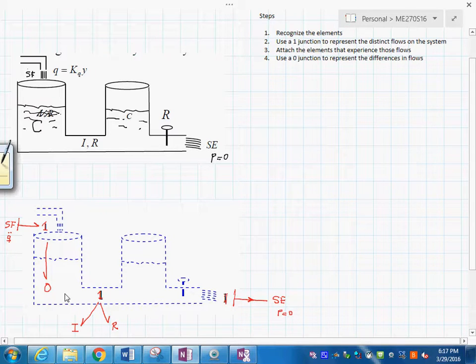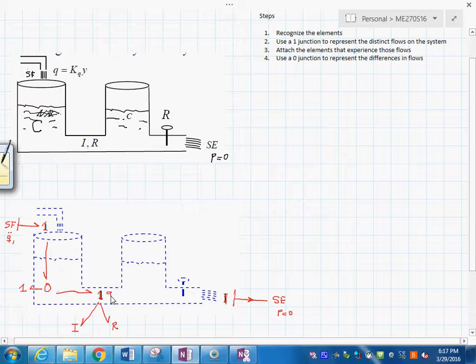This flow I'm going to call Q1, to make it easier to understand. This other one over here we're going to call Q sub 2, and of course this is going to be Q sub 3. Okay, so just clean this up a little bit, and then we'll continue here.